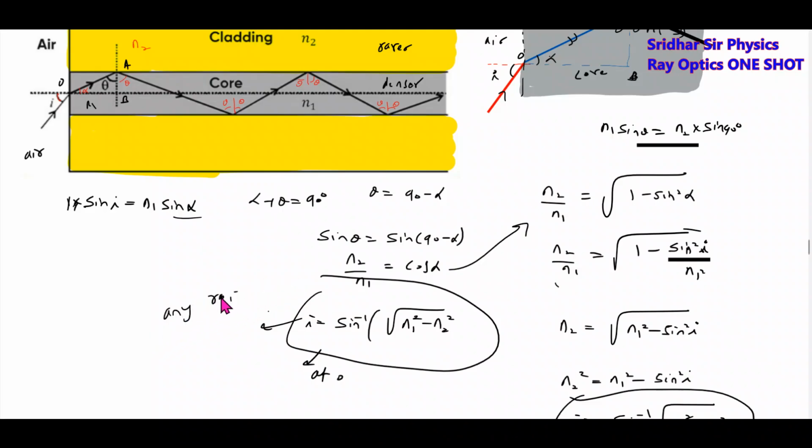Any ray entering the core at O that satisfies this equation will undergo successive TIR. Okay, this is the basic idea of the fiber optic cable.